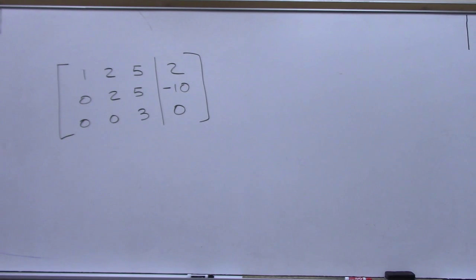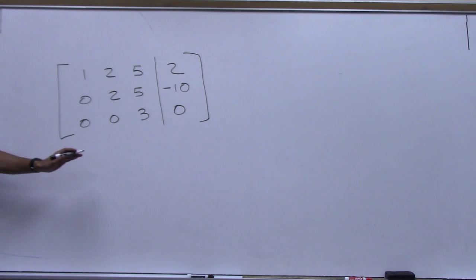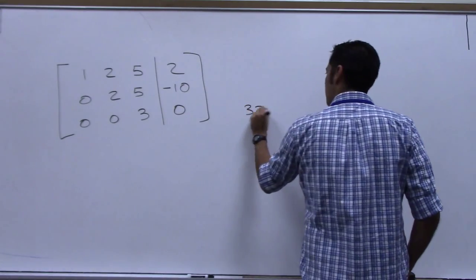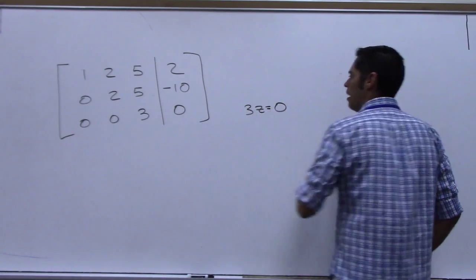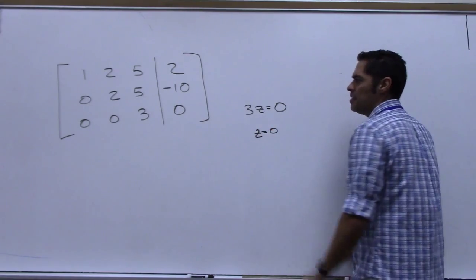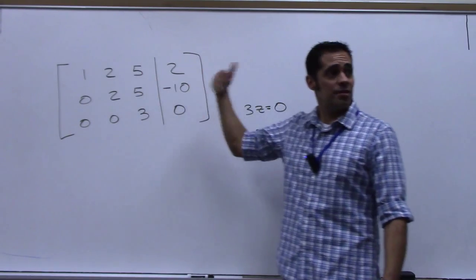Can you solve this? Sure. So what does it appear Z is? 3. Well, no, wait. No, 0. Z is 0, right? So remember what this equation means. That means 3Z equals 0, right? Divide both sides by 3, you get Z is 0. If Z is 0, then this goes away and that goes away, right? And you could go back and solve?